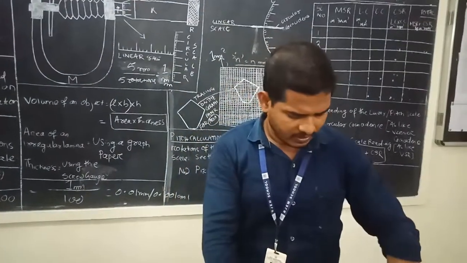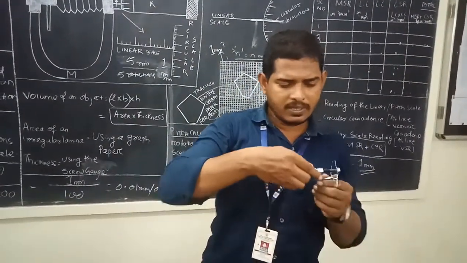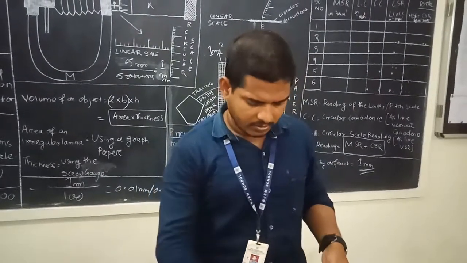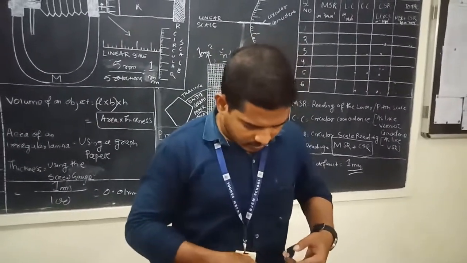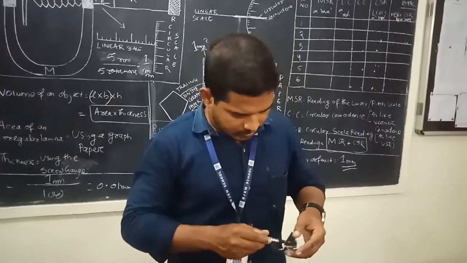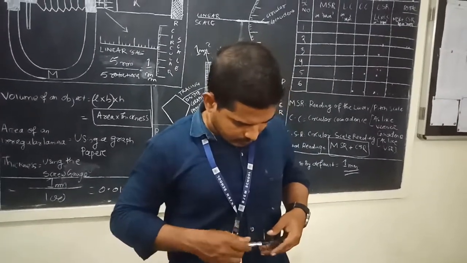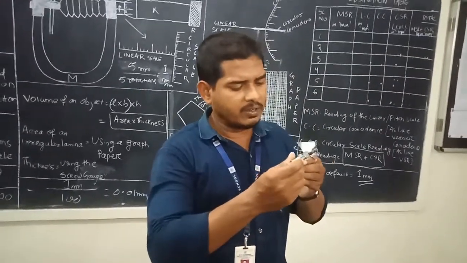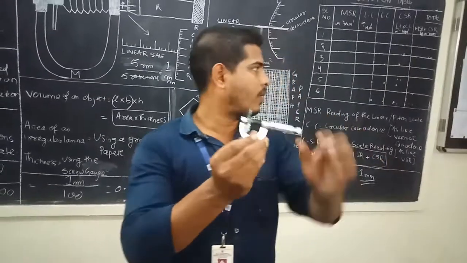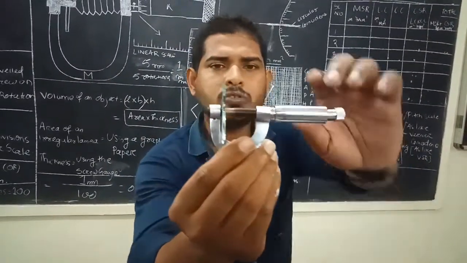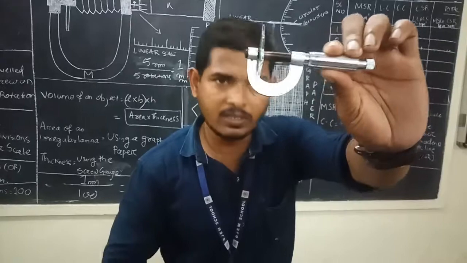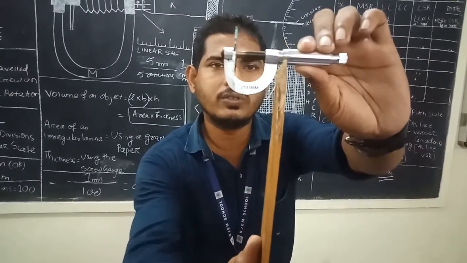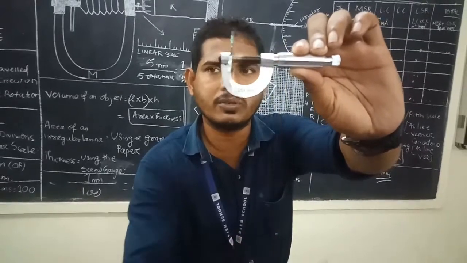Now for instance, in this setup, I would like to change the screw as the graduations are not clear in that screw gauge. So the main scale reading is almost 1 mm, because you can see it has covered the first division, 0, then 1, but it has not covered the second division.